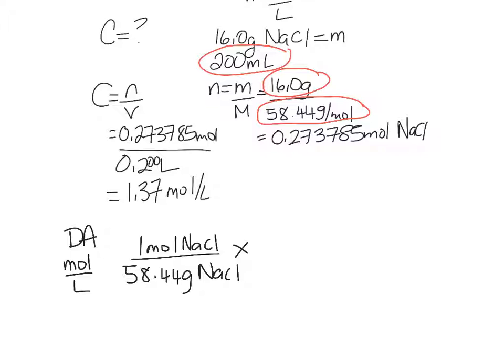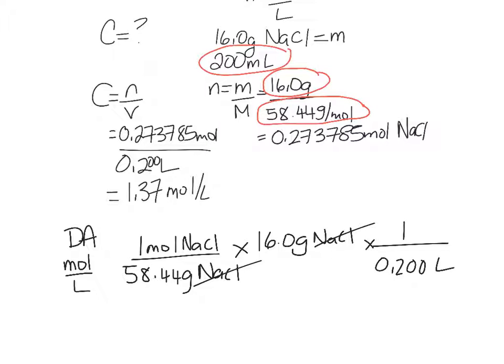Got to get rid of grams. So if I multiply that by 16 grams, grams disappears. I still need liters, so multiply it by 1 over 0.2 liters. You end up with moles per liter.